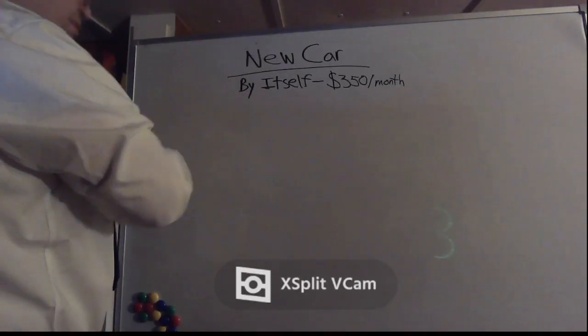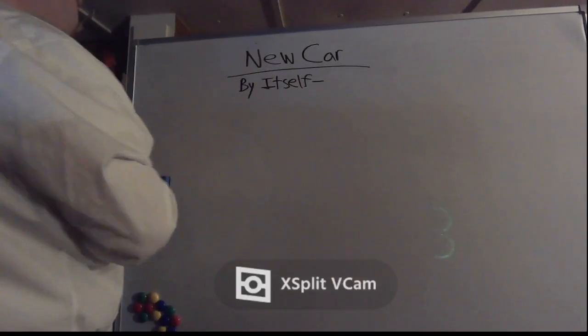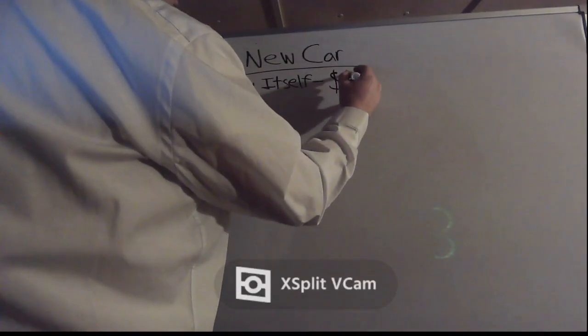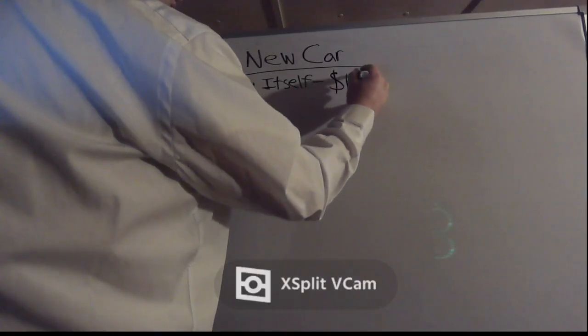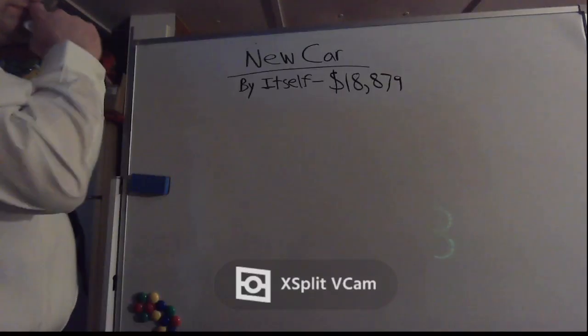Now let's not do per month. You know what? We'll do the total price of the car. I'll make up a number. Let's say $19,000 by itself. It's $18,897. Right?